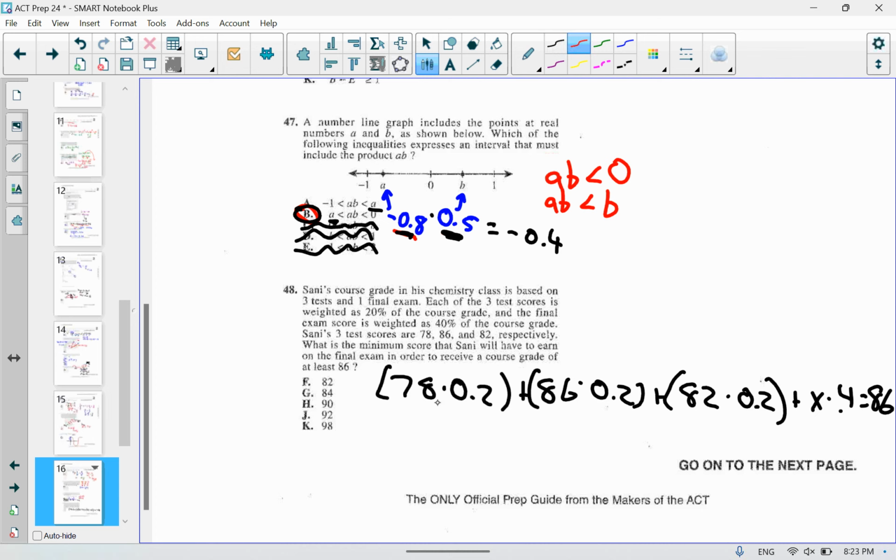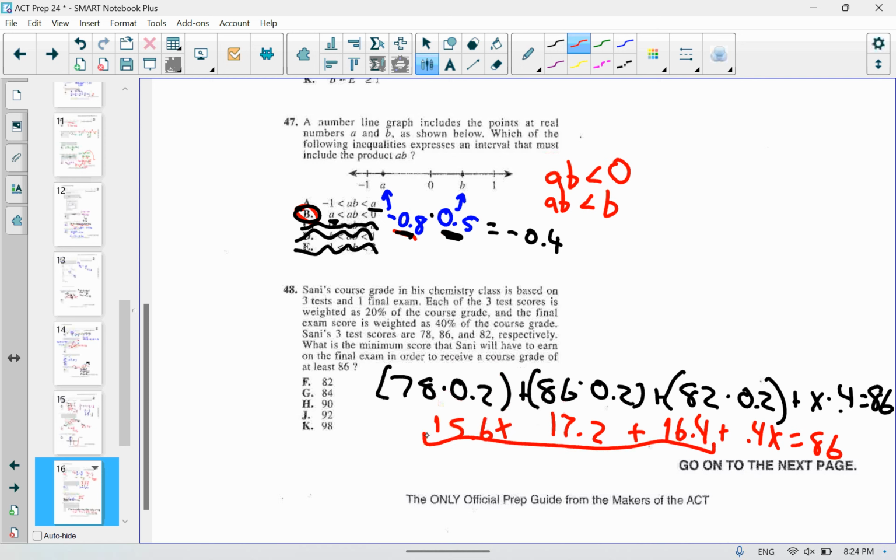Well, I can calculate all these things. 78 times 0.2 is 15.6. 86 times 0.2 is 17.2. 82 times 0.2 is 16.4. And I can add all those guys together plus 0.4x to equal 86.